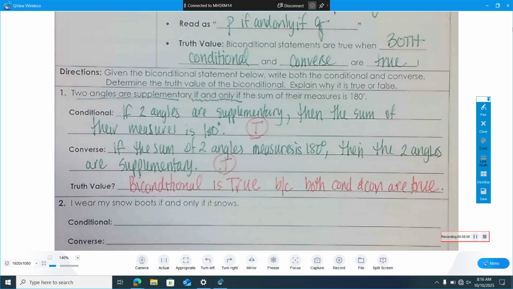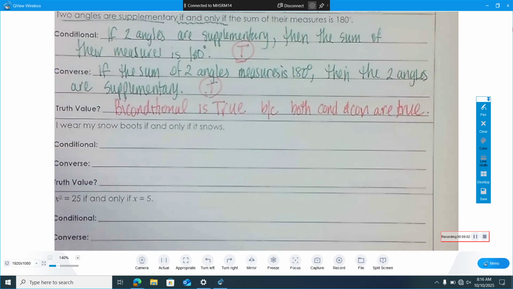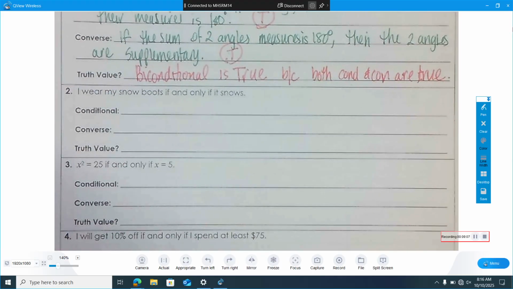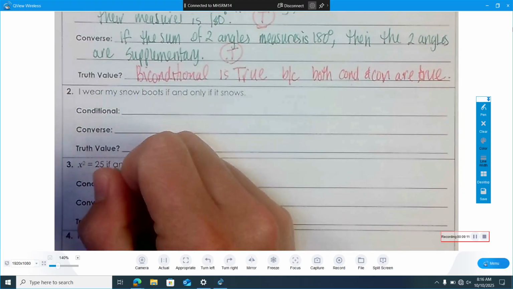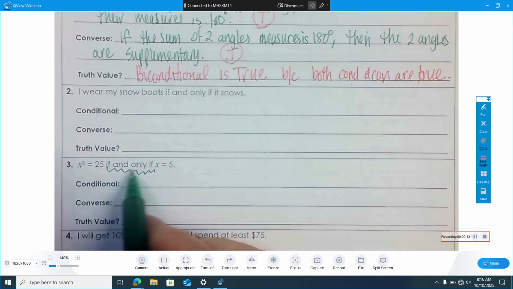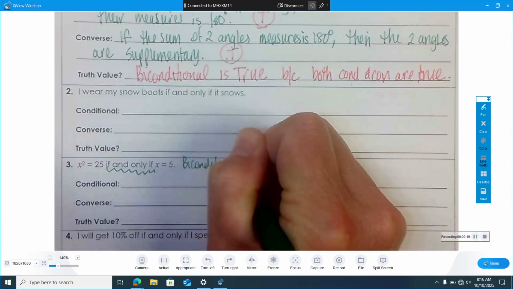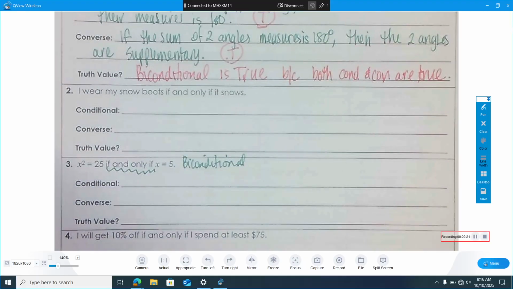Let's look at number 3. X squared equals 25 if and only if. Again, what does if and only if tell me? This is a biconditional. All right, that "if and only if" tells me I'm looking at a biconditional statement.